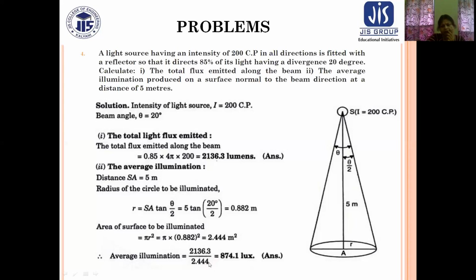So we know the definition of illumination, E equals F by A. Already in the first part we got the luminous flux 2136.3 lumens, and after that we got the area, that is equal to 2.444 meters square. So average illumination E equals 2136.3 by 2.444, that is equal to 874.1 lux. Okay.